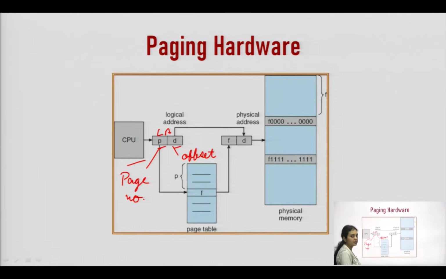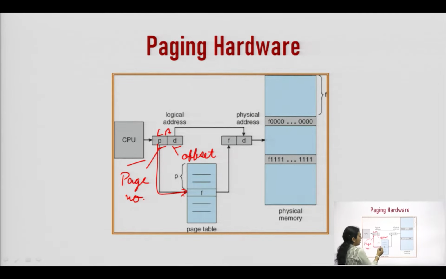Now this P, the page number, goes to the page table. This page table is an index that tells us in which frame of the physical memory a particular page is located, or you can say what the starting location of that particular page in the physical memory is.